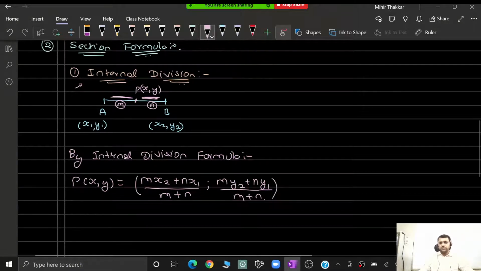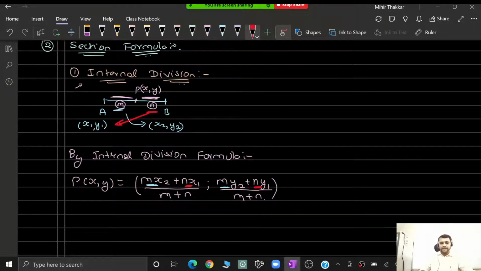What am I doing over here basically is that I'm just trying to take m with the x2 and y2 values. See, m goes with x2, m goes with y2. In the same manner, I am trying to take n with the x1 and y1 values. So n is with x1 for the x coordinate and n is with y1 for the y coordinate.